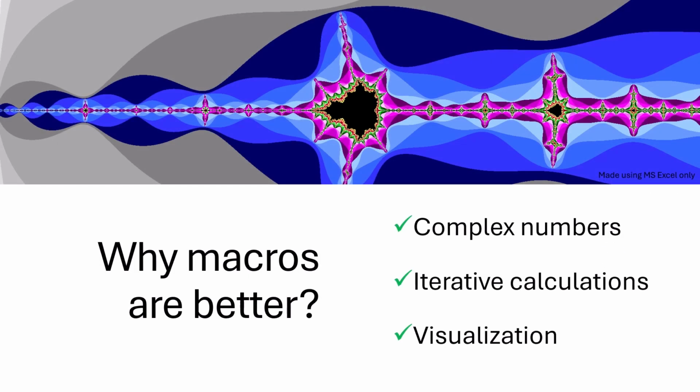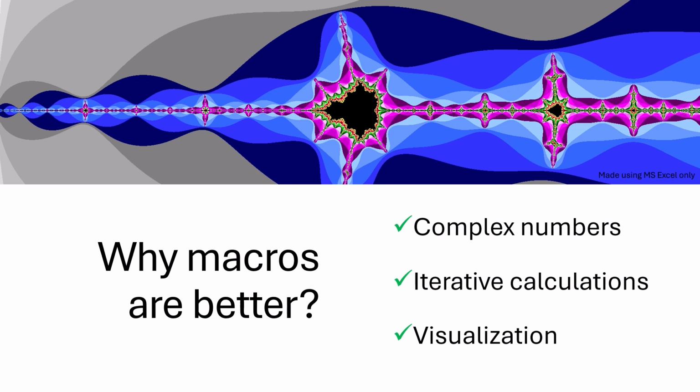As we learned last time, there are three main complications when seeking to calculate and visualize Mandelbrot sets using Excel. While we were last time able to overcome these complications using only formulas, today we will see how macros will make overcoming every one of these complications much easier. For dealing with complex numbers, we can set up simple custom functions that do the needed calculations without us needing to retype the formulas again and again.